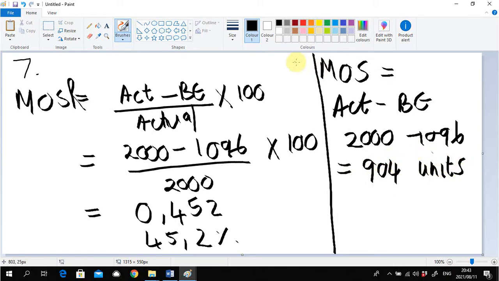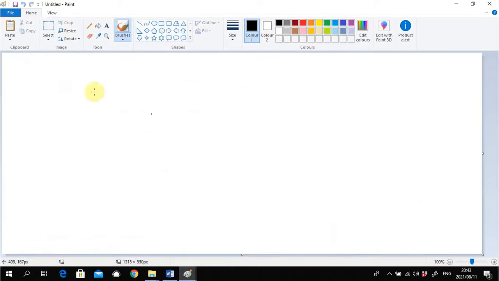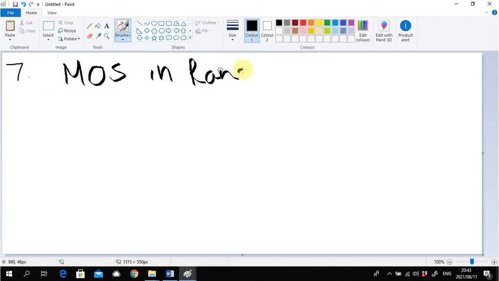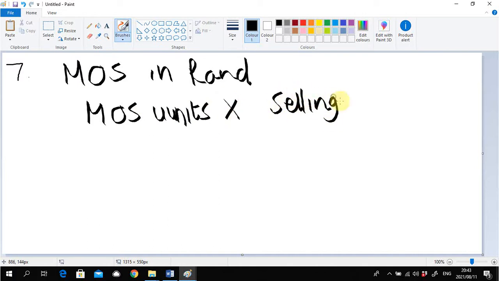Then they've also asked for the margin of safety. So this was the ratio that I just threw in there, by the way. And then for number 7, the last part, they ask us the margin of safety in Rand. And there we take our margin of safety units and we times it by the selling price.